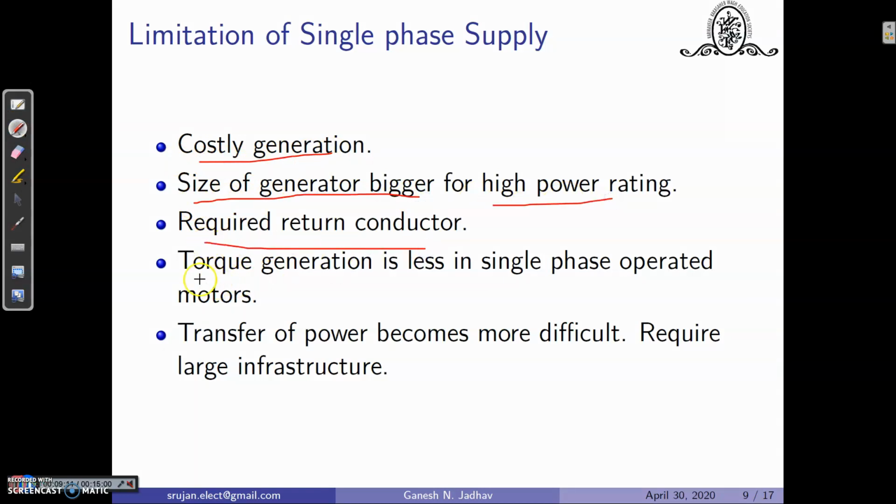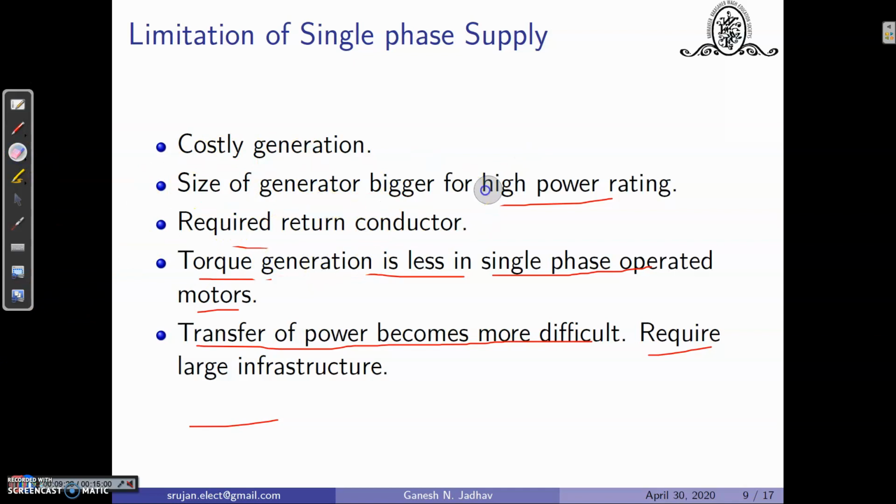It requires a return conductor. Torque generation is less when single phase machines are used. Transfer of power becomes more difficult and requires more infrastructure. So these are the limitations of the single phase supply. Hence the single phase supply is not preferred at the generation. So three phase is preferred.